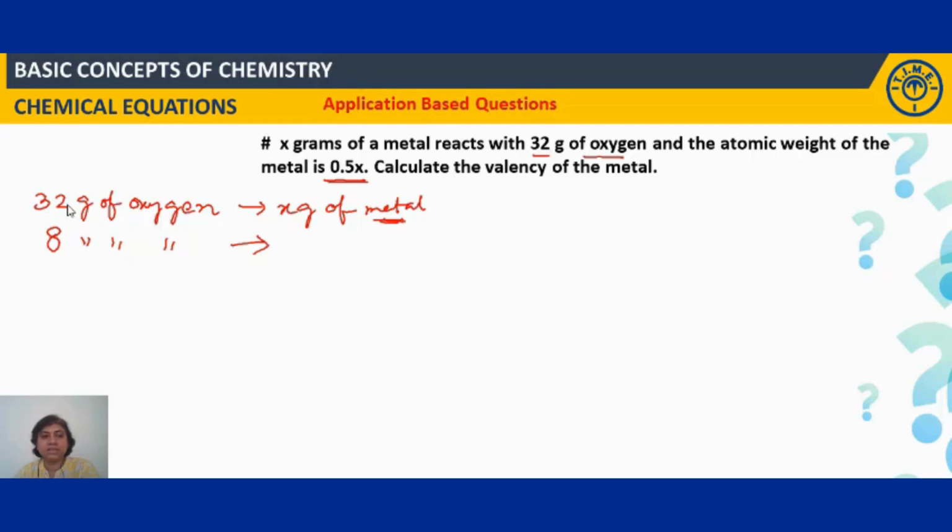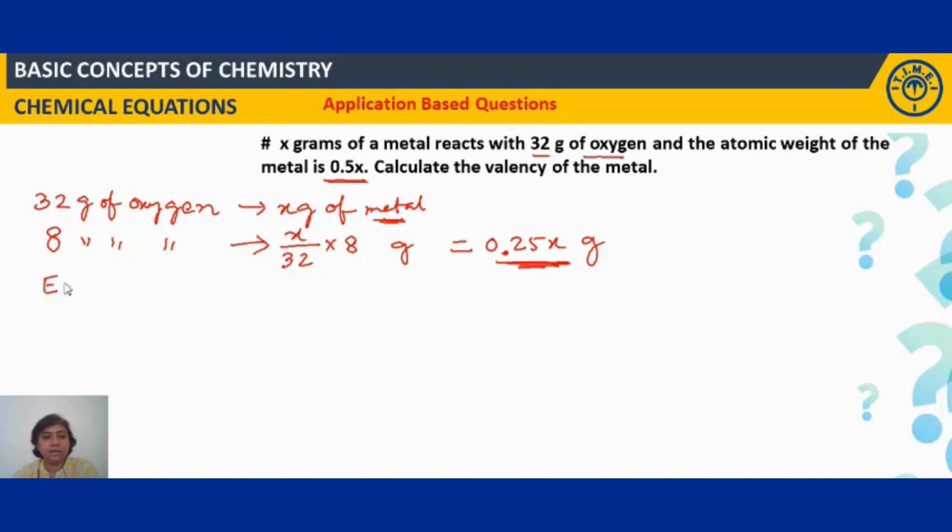This is 32. So it will be X divided by 32 into 8 grams, right? So this is equal to X by 4 or 0.25 X grams. So now what is this 0.25 X grams? It is the equivalent mass of the metal because it has combined with 8 grams of oxygen.